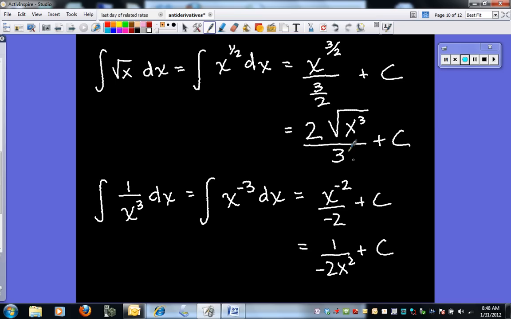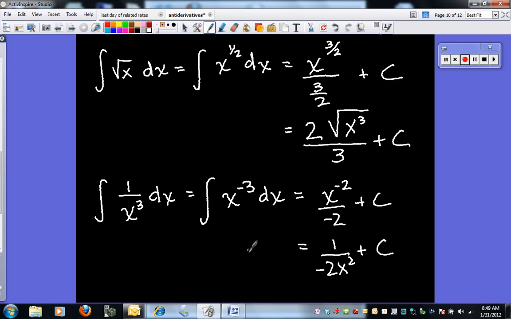How do we check to see, is this really right? Is this correct? How can we find out? We can take the derivative of these antiderivatives, and we should end up with what we saw in the beginning. So if we took the derivative of 1 over negative 2x squared plus c, we should, if we did it correctly, get 1 over x cubed.